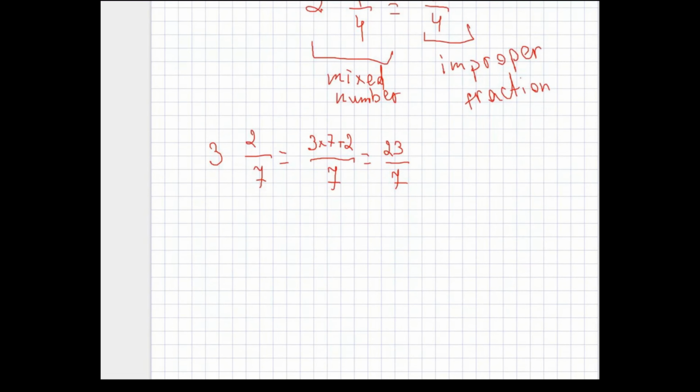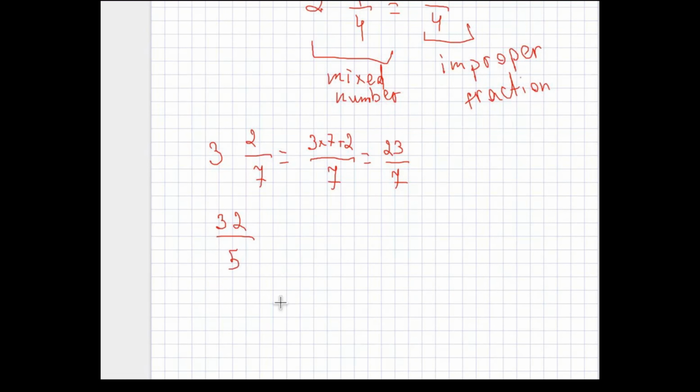The same thing we can do vice versa, where we can change an improper fraction to a mixed number. How? Suppose that I have 32 over 5. What does 32 over 5 mean? It means some objects, how many we don't know yet, divided into 5 parts each, and altogether there are 32 fifths. It means each object is divided into 5 parts.